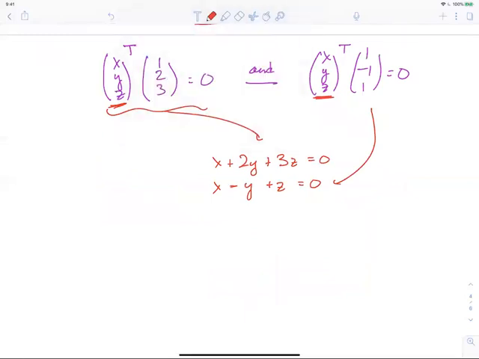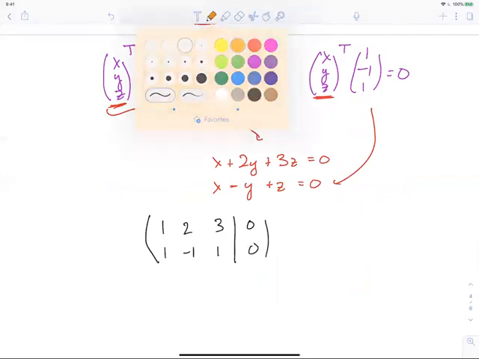All right, so let's solve this. We're going to use an augmented matrix. We're going to row reduce very quickly. There's a pivot.